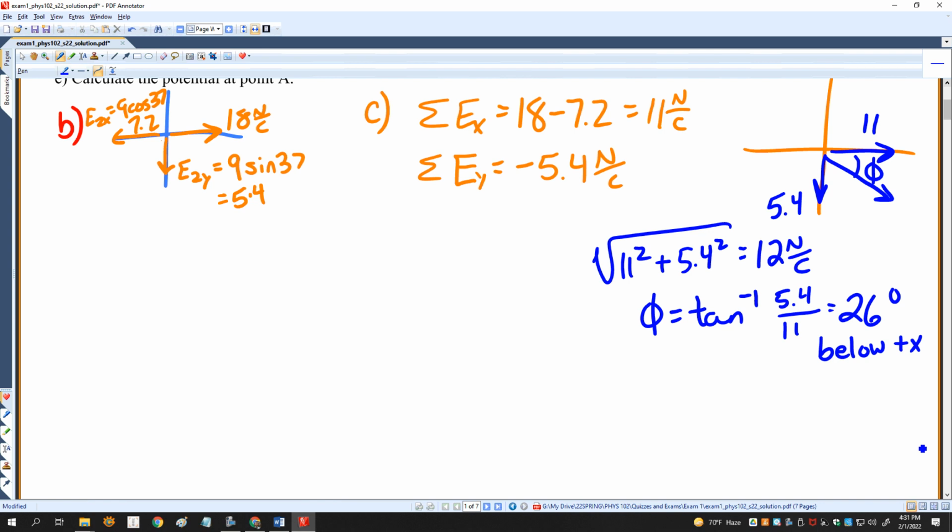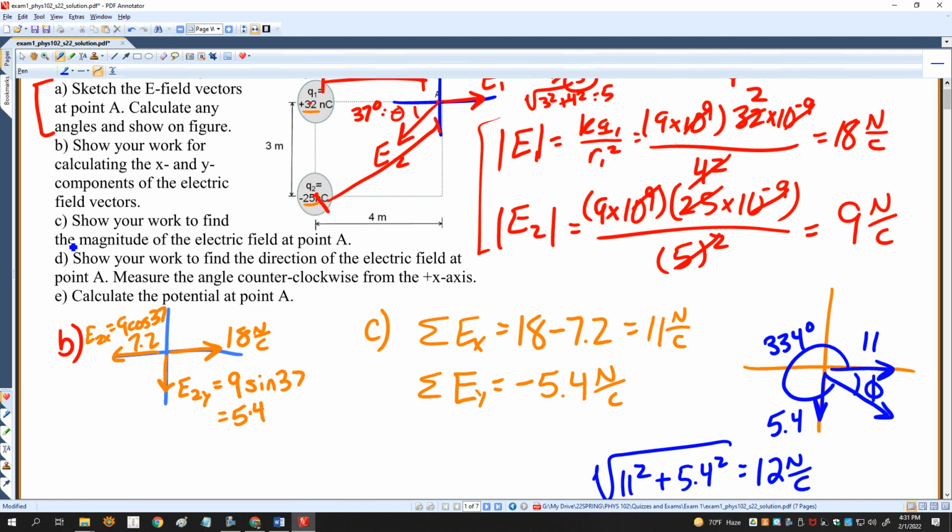Of course, there are some other ways to say that. I could say negative 26 degrees from the plus x. The negative denotes the below. Or I could say 334 degrees from the plus x, and then that would be this angle, which is 334 degrees. Okay, let's see, I think we got most of that.